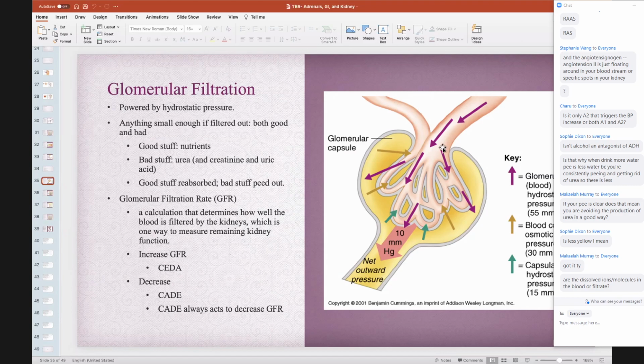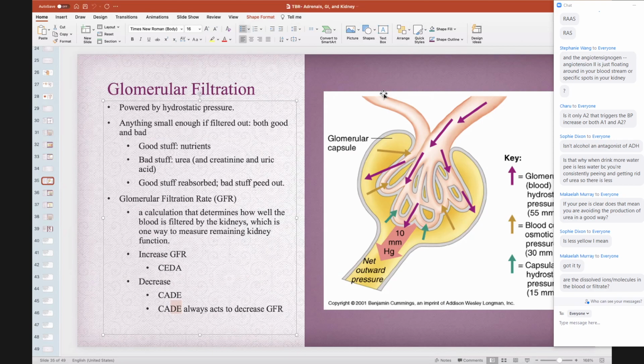If we limit what's coming in, but don't limit what's coming out, we can drop the pressure, because little's coming in, a lot is coming out. The mnemonic for this is CADE. CADE always acts to decrease the GFR. If we constrict the afferent, which is traveling towards the glomerulus, afferent being accepted, but dilate the efferent, the one that is exiting the glomerulus, we can decrease the GFR.